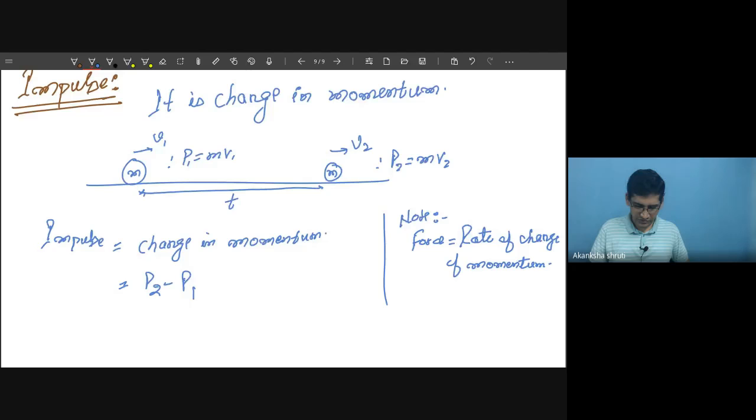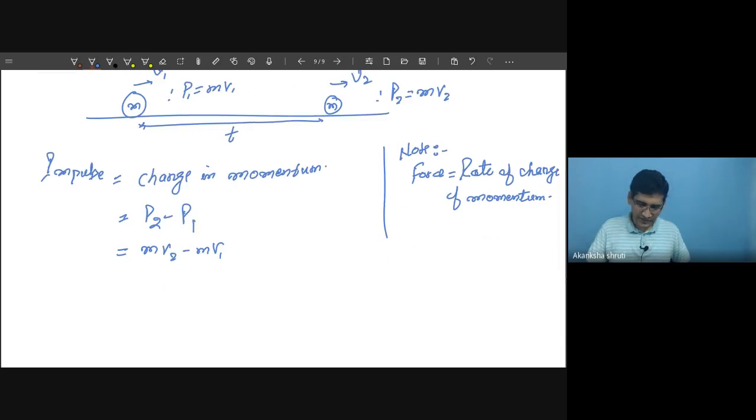Now, this P2 can be substituted as mv2 and mv1. So, only this change in momentum is called impulse, and this impulse is denoted by the symbol J. So this J is given by this one.